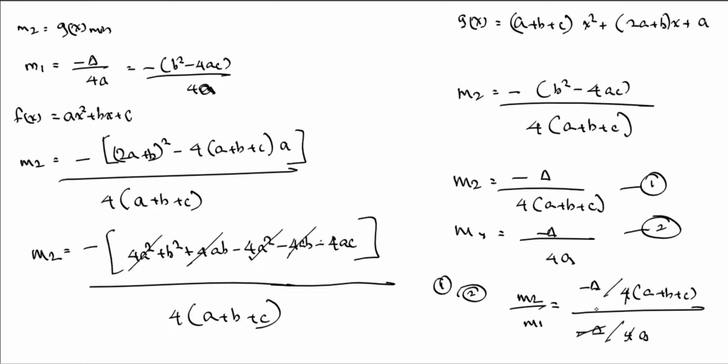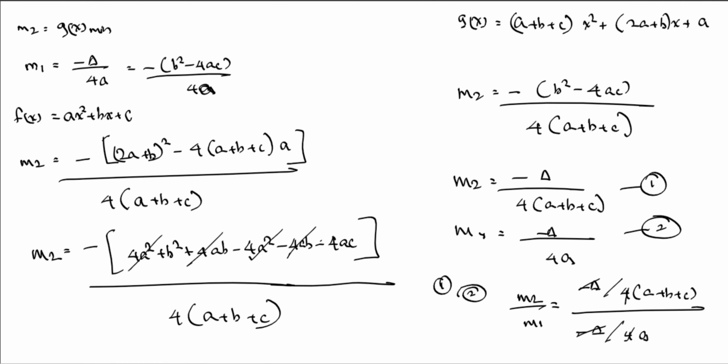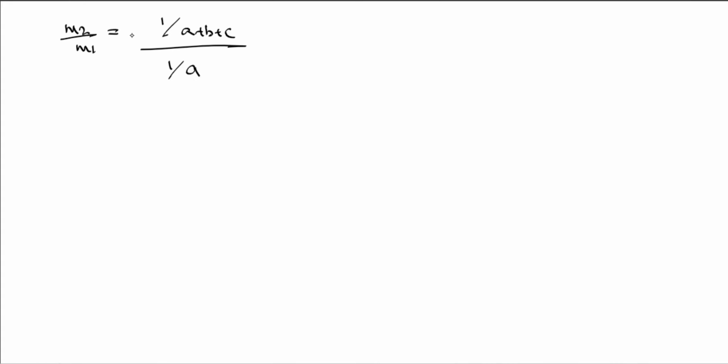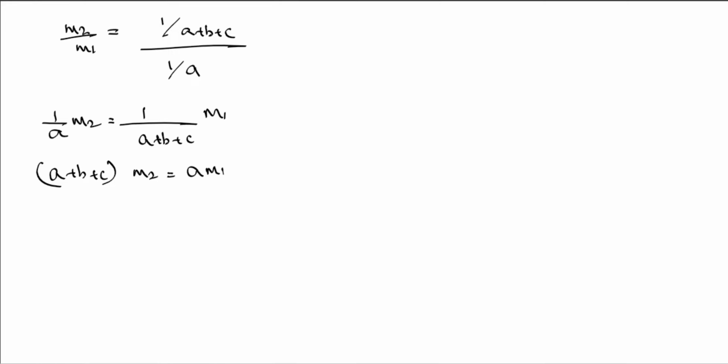The 4 cancels off, minus delta cancels off. Now m2 over m1 equals 1 over (a plus b plus c) over 1 over a. Cross multiply: (1 over a) m2 equals (1 over (a plus b plus c)) m1. Again cross multiply: (a plus b plus c) m2 equals a m1. True. This is what they are asking you.